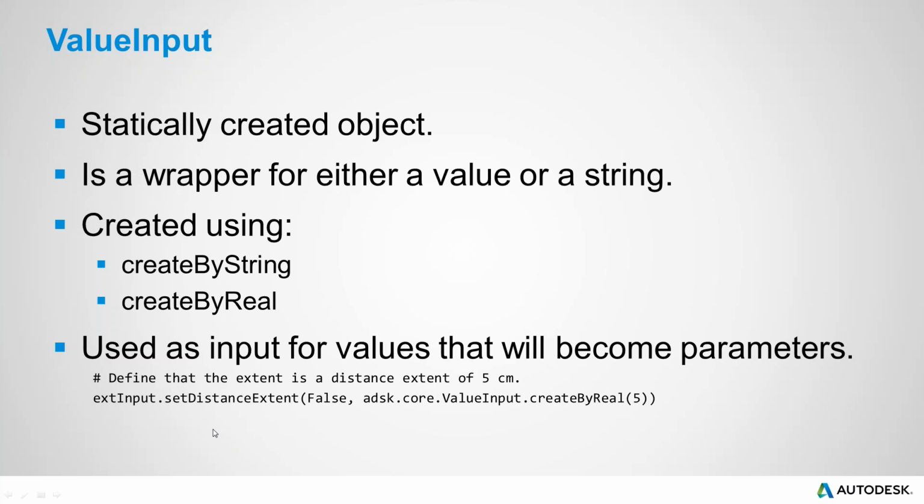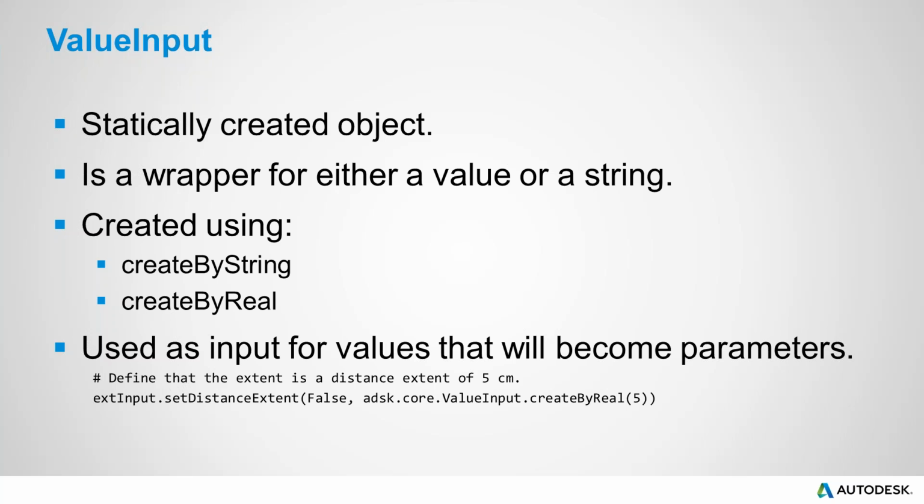So we're going to create a distance extent, and I have to tell it what the depth of that extrude is. This second argument is a value input, because I can define the depth in two ways. Through the API, I can specify it by a real number, and we'll talk more about this next week.